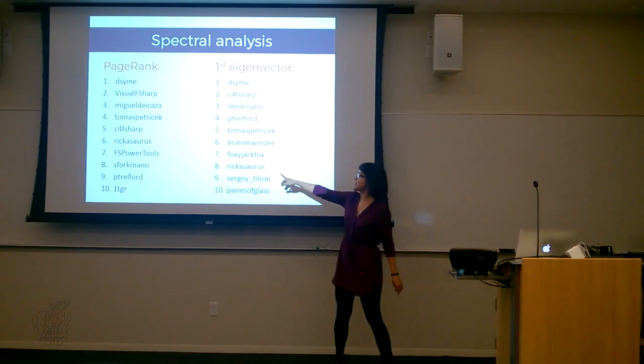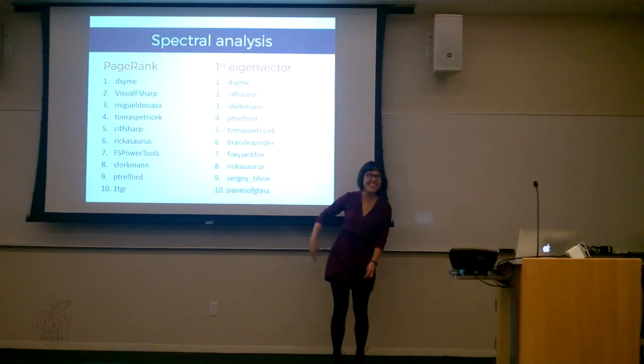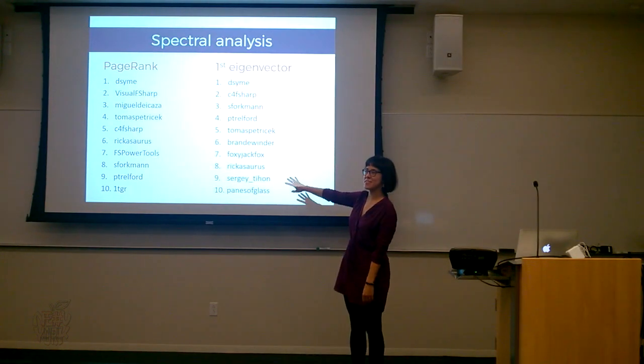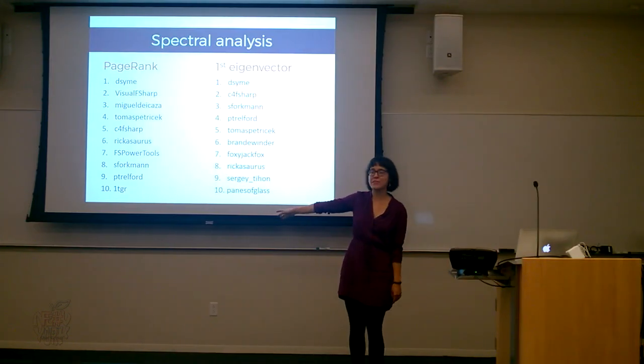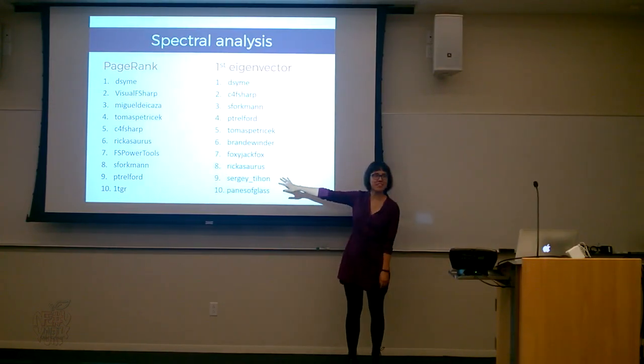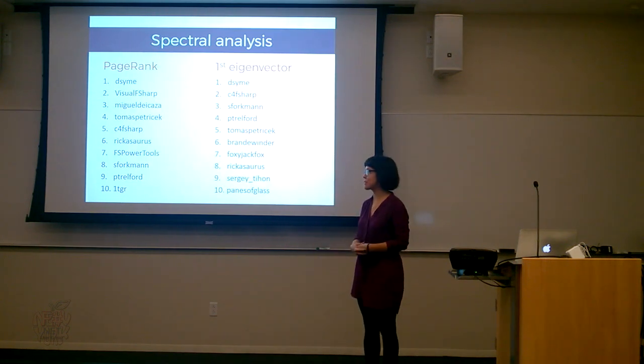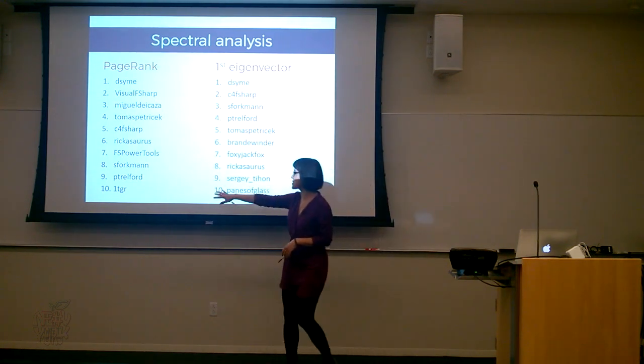Yeah, sorry, Rick, you fell down in this ranking. But it still makes sense. If you follow the F# community on Twitter, you will see that this ranking actually reflects the centrality quite well, as well as the PageRank.